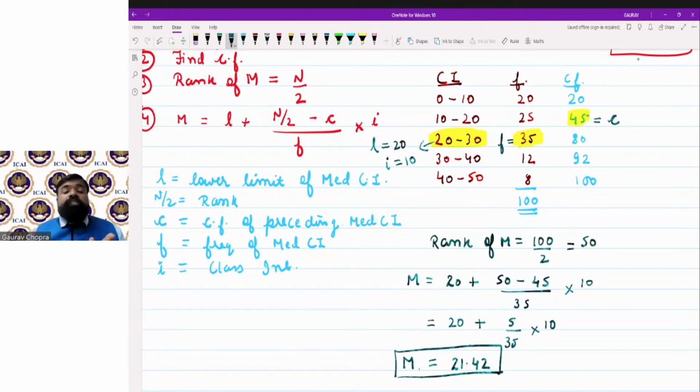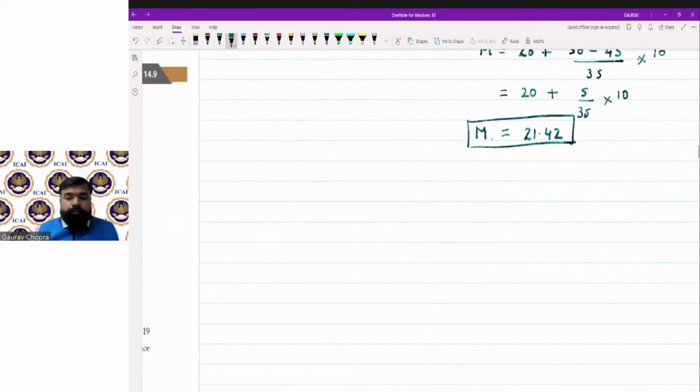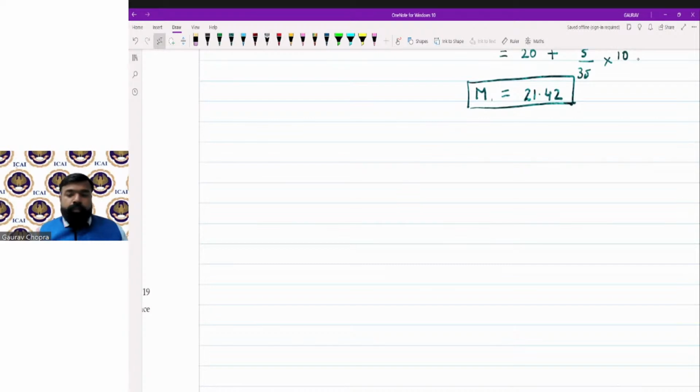Median is basically a positional value, which is based on the position, based on the rank. Similar to median, there are other positional values as well. So let's do that also. The first one which we have done is median.